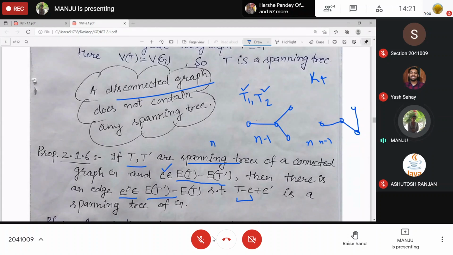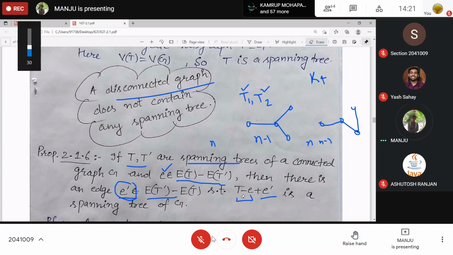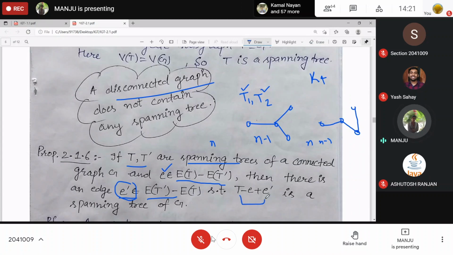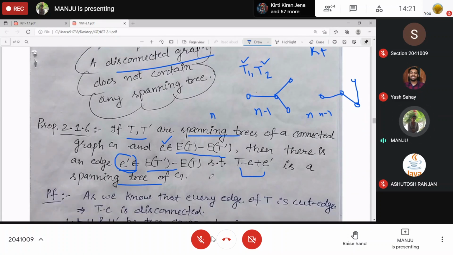Then you add the edge taken only from T dash, which will connect the components of T minus e. So it will be connected again, and the number of edges is n minus one. Hence it will form a spanning tree. Clear?